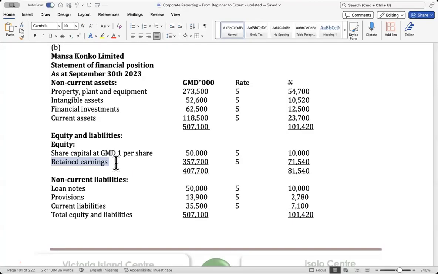Here, they didn't give us anything like that, because the examiner wants you to use closing for everything. Pre-acquisition retained earnings, you translate at historical rates, then post-acquisition at closing rates, and share capital, it will tell you the date they raised the money. So mostly for us here, closing rate is just good for us.